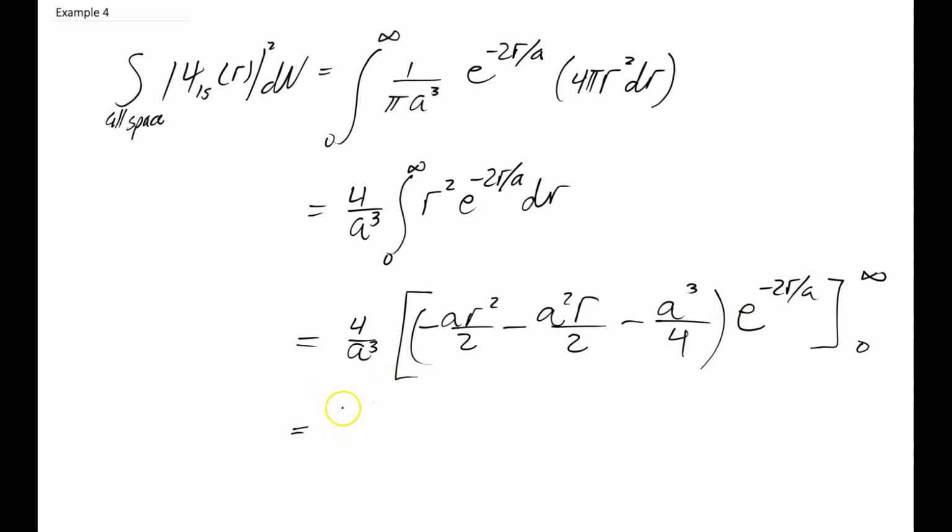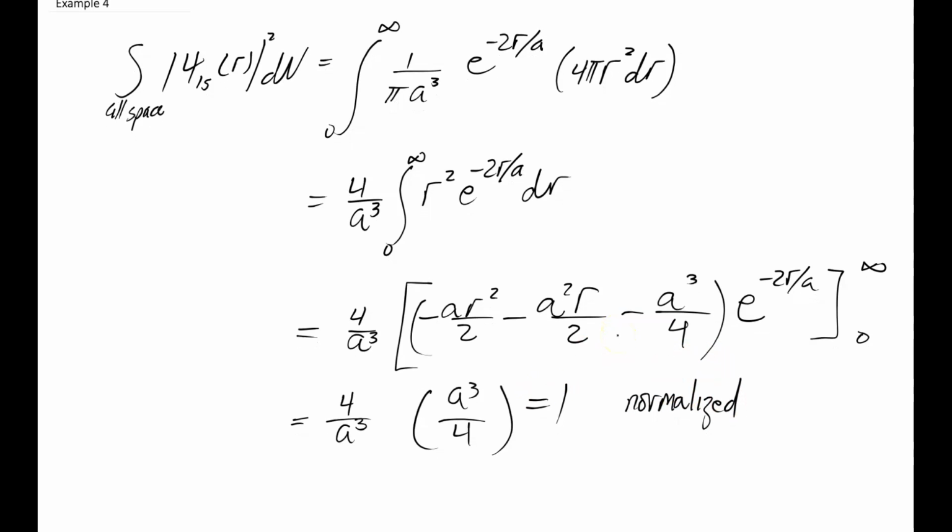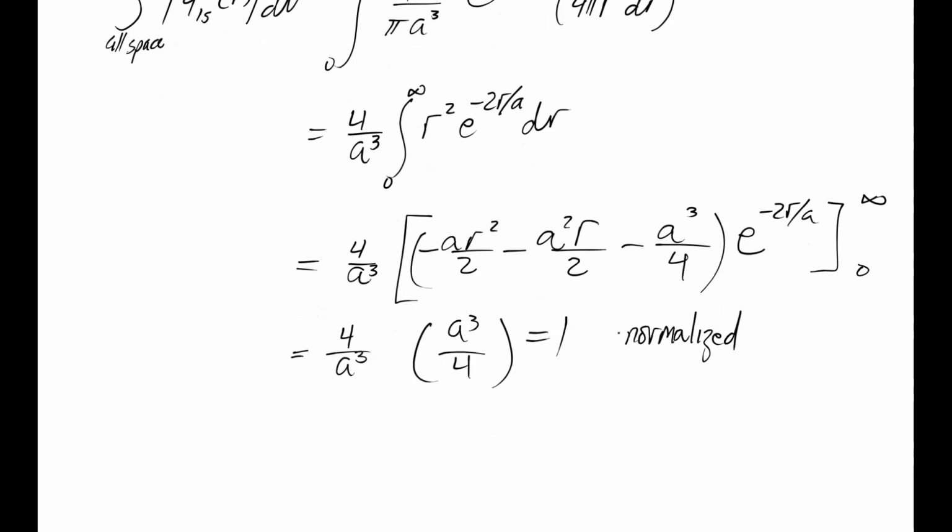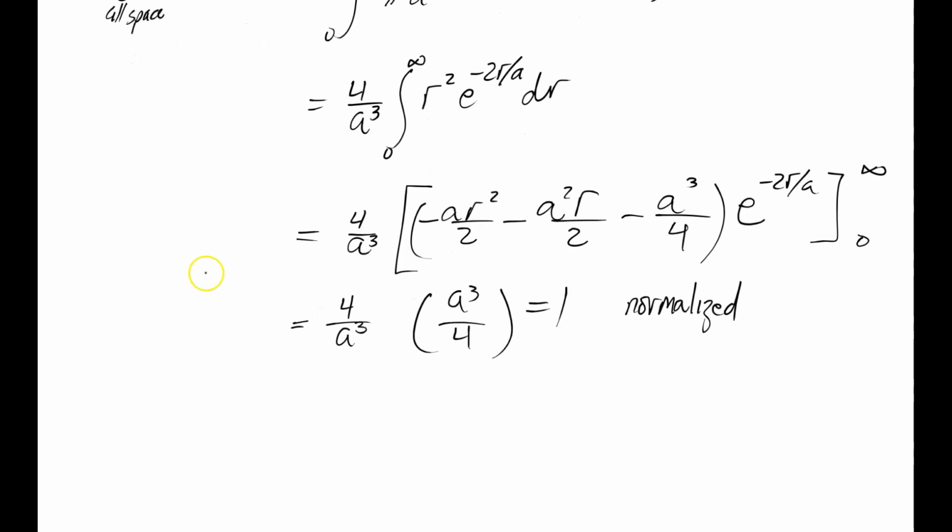So this becomes 4 over a cubed times a cubed over 4, which is 1. And that means that it is normalized. Because the condition for normalization is that the integral over all space equals 1.